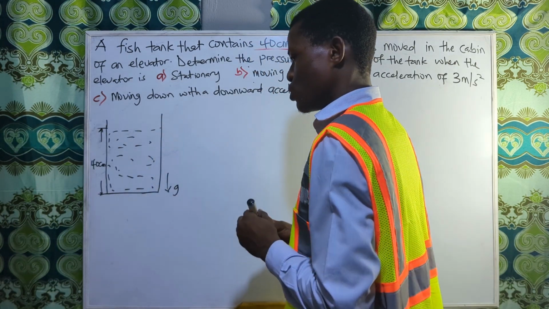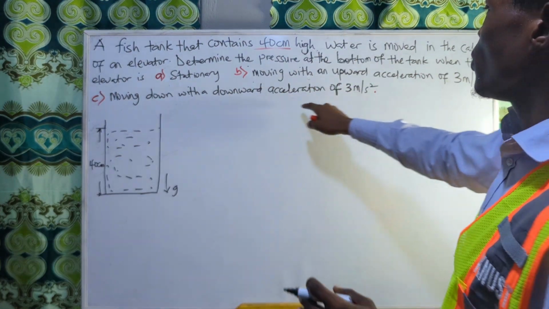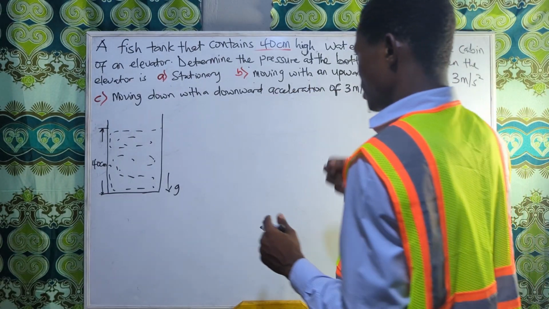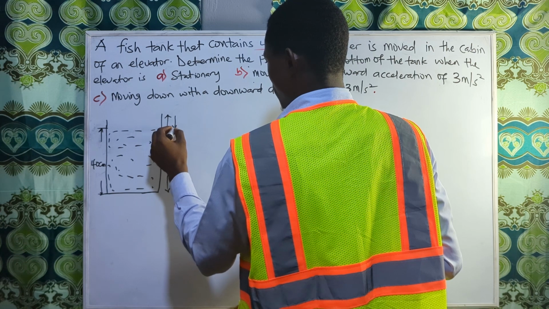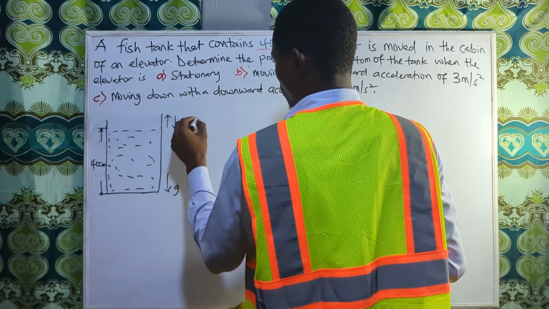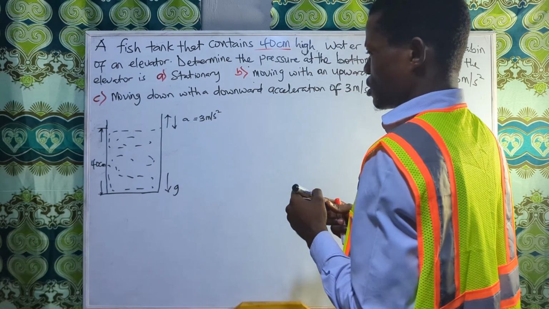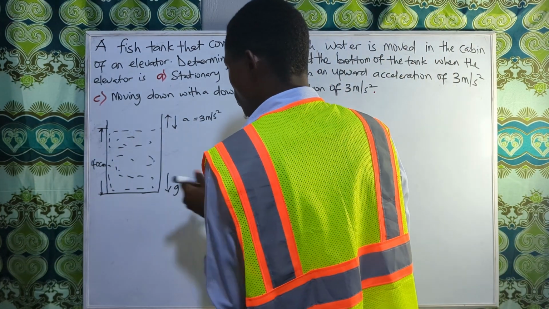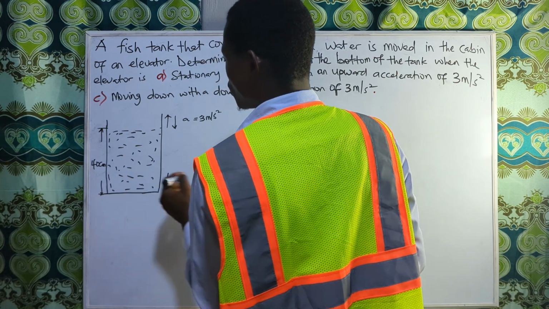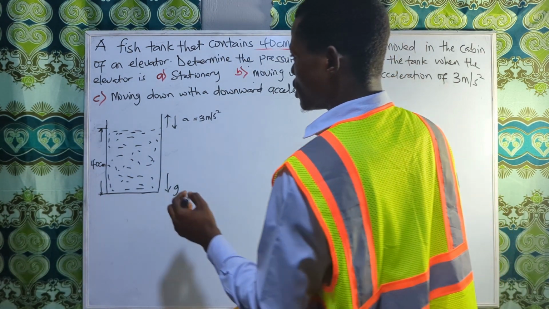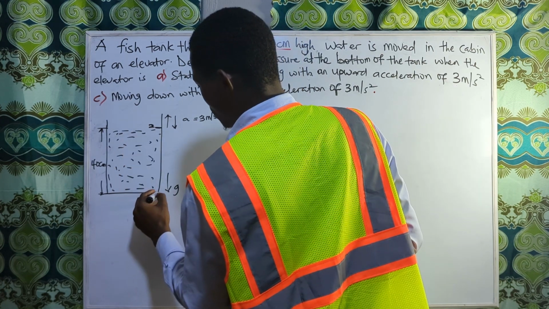And we know also they've given us some accelerations here which will help us find the B and the C. So one will move up and one will move down. So that's acceleration equal to 3 meters per second squared. This is how the diagram is going to be. So this will be our point 2 and this will be our point 1.